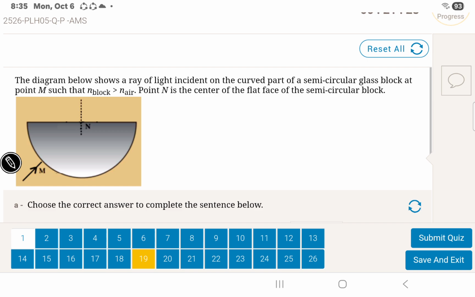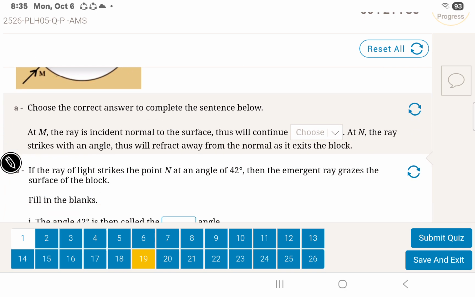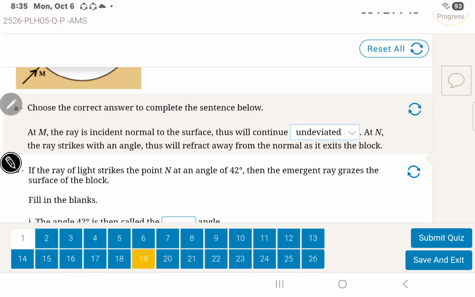Point N is the center of the flat face of the semicircular block. Choose the correct answer to complete the sentence below. At M, the ray is incident normal to the surface, thus will continue. Here we choose undeviated, because when it comes normal, it continues undeviated.